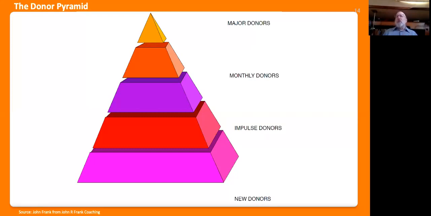You are generally losing money if you do too many appeals in June, July, August. That's part of getting into the details of direct mail, when to send out a direct mail appeal that gets the highest percentage. But at the same time, if you've got a good monthly partner program, that's giving you the June, July financial stability that the impulse donors won't give you.